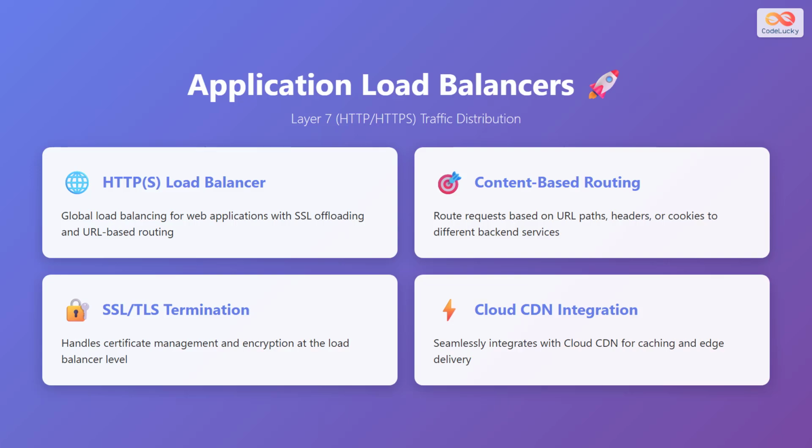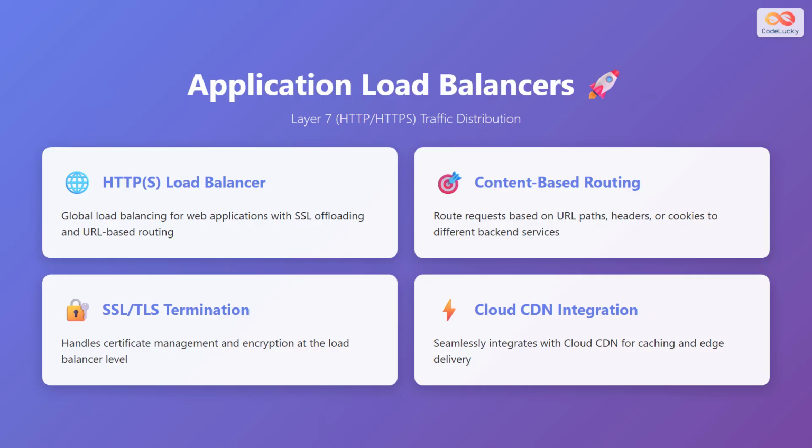Application load balancers operate at layer 7, which is the HTTP and HTTPS level. The primary type is the HTTPS load balancer, which provides global load balancing for web applications with SSL offloading and URL-based routing capabilities. One of its most powerful features is content-based routing, which allows you to route requests based on URL paths, headers, or cookies to different backend services.